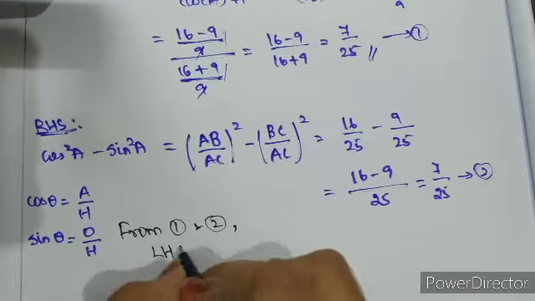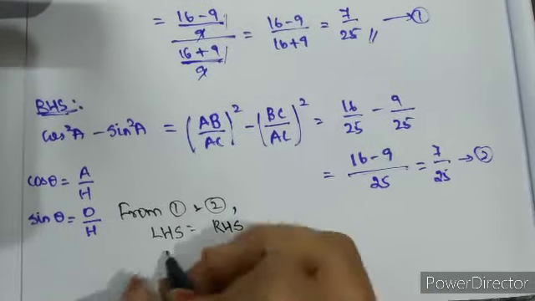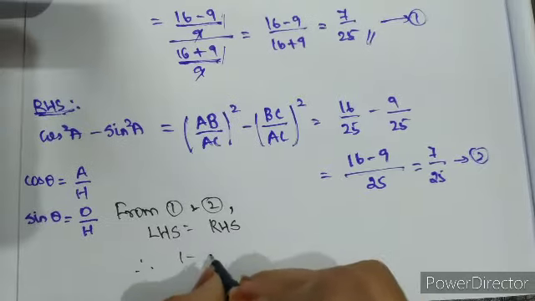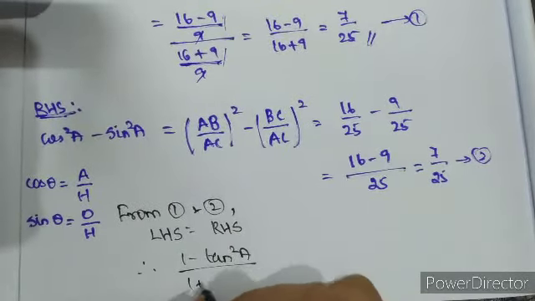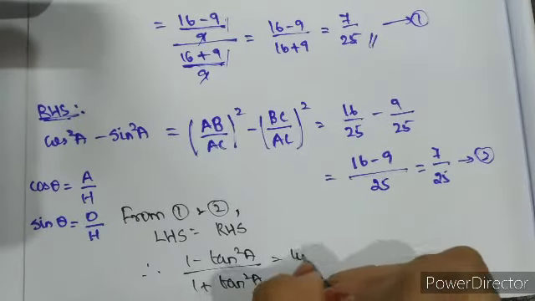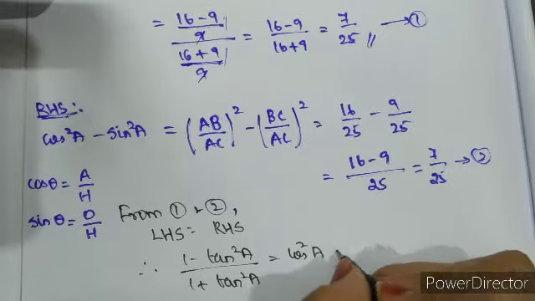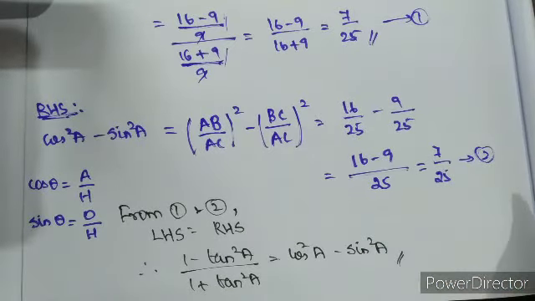Therefore LHS is equal to RHS. Therefore 1 minus tan square A by 1 plus tan square A is equal to cos square A minus sin square A. Hence proved. Thanks for watching.